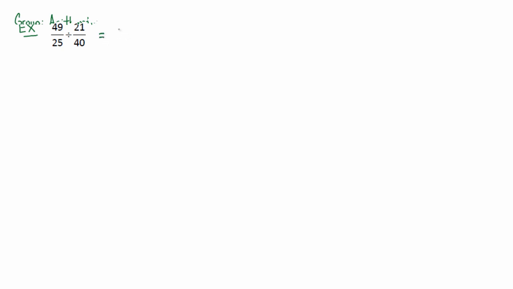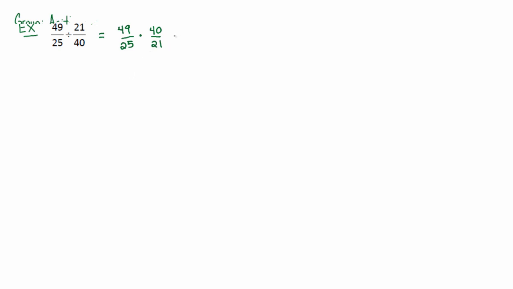I know that division can be rewritten as multiplication as long as I take the reciprocal of the second factor. So that'll be 40 over 21, taking the reciprocal of the second fraction in this case.